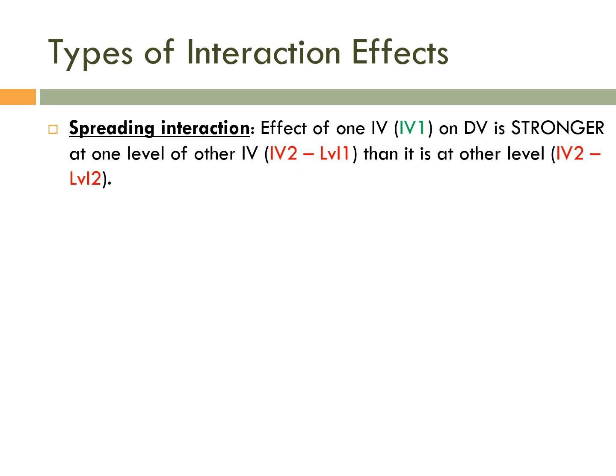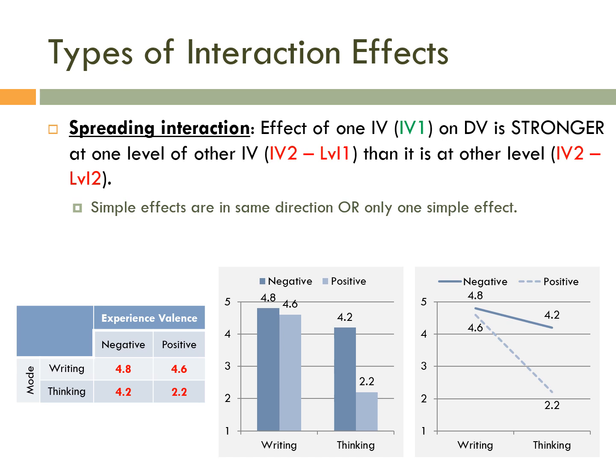It's built up more, it's stronger, it happens more often when you are looking at one level of the second IV versus the other. So this is just when the simple effects are in the same direction, or maybe there's only one simple effect, but you're seeing that the strength of the simple effect increases depending on which simple effect you're looking at. So here's some data where we can see this.